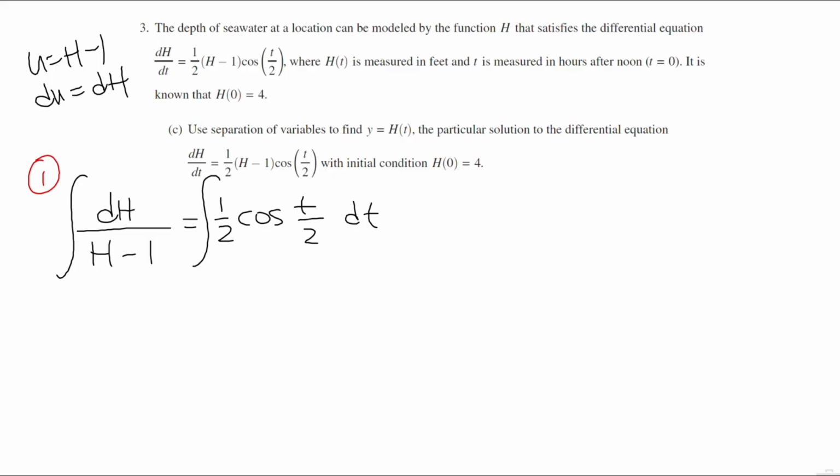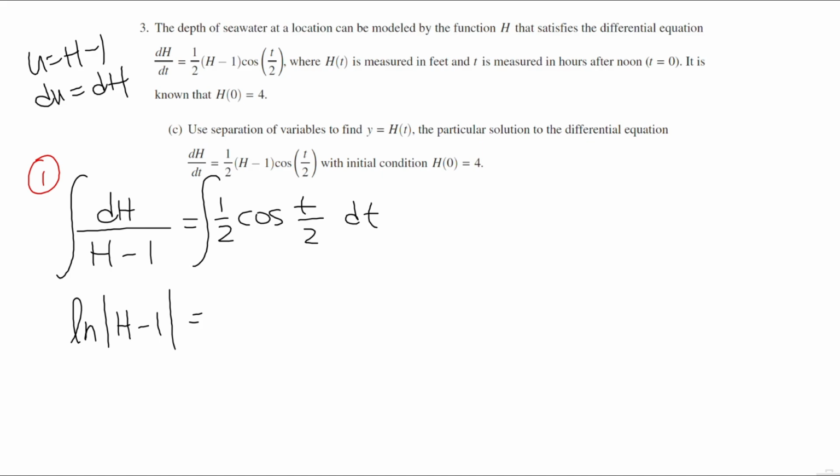So it just is like integrating du over u, which is just natural log absolute value of u. So we have natural log absolute value of h minus 1. We could put a plus c there, but because we're going to have a plus c on the other side, we don't really need it. We could just combine the two constants onto just the right-hand side.